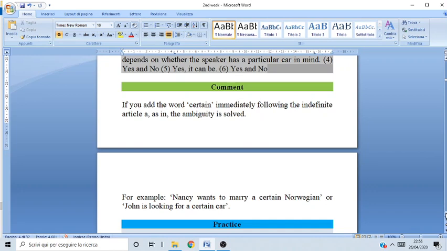For instance, how do they apply this rule? Saying Nancy wants to marry a certain Norwegian. Came a tongue twister for me. In that case, I know that this person has a specific referent in mind. And the same thing happens for John is looking for a certain car.